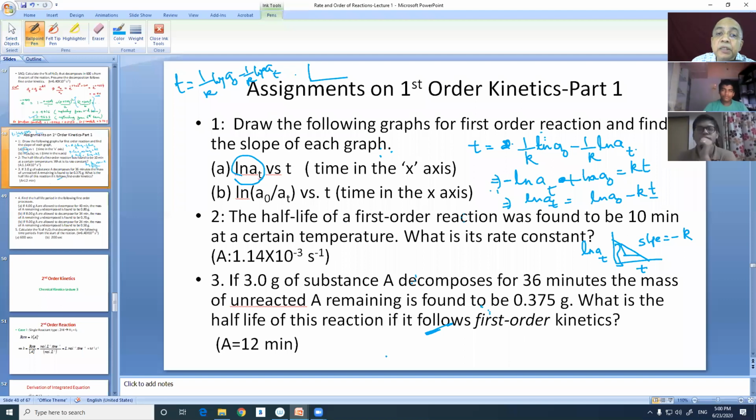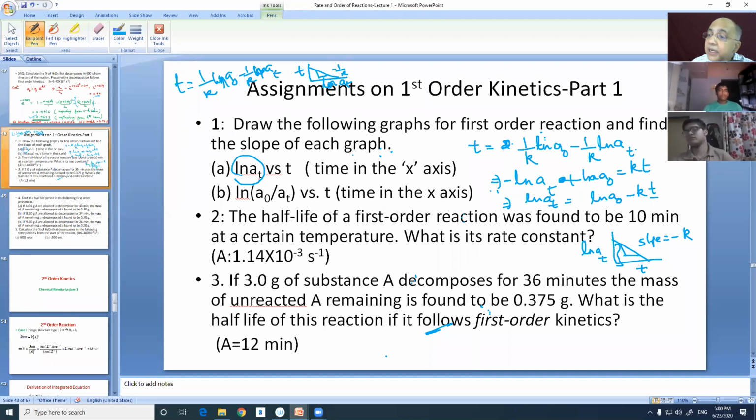So t is the y coordinate, log or ln whatever. It's ln actually. No, 2.303 is not there, it means ln AT. So the same negative slope here, the slope is minus 1 by k.